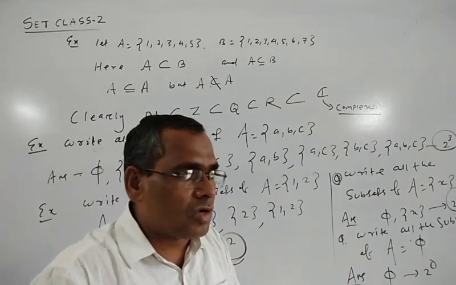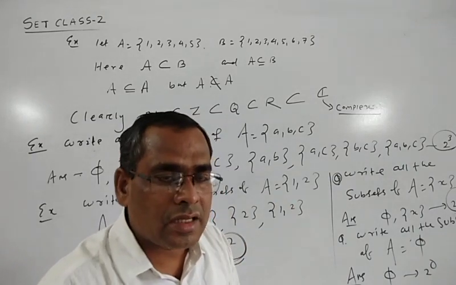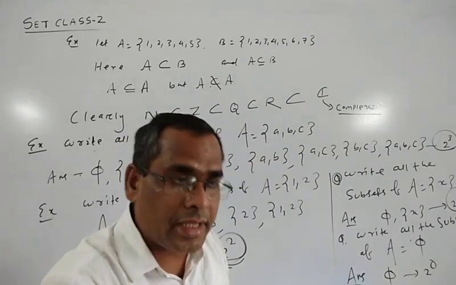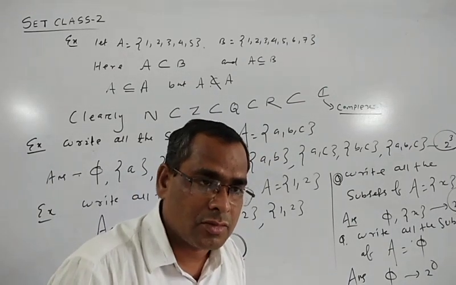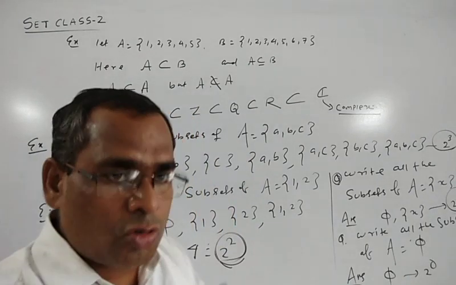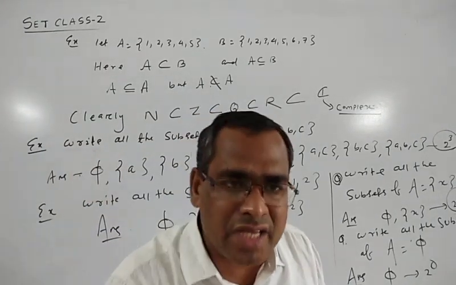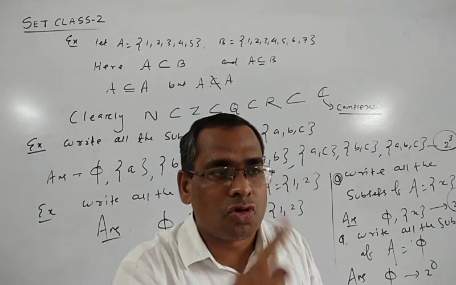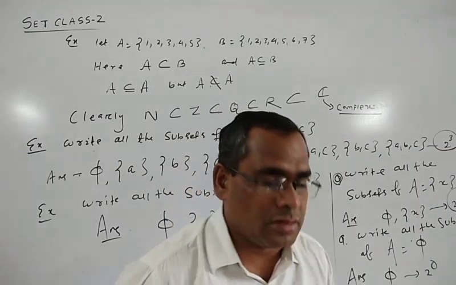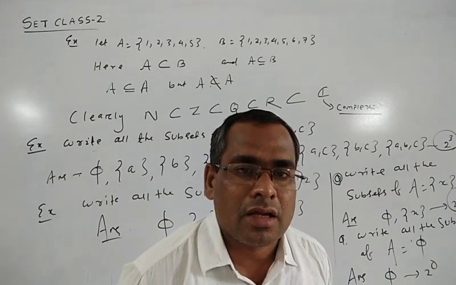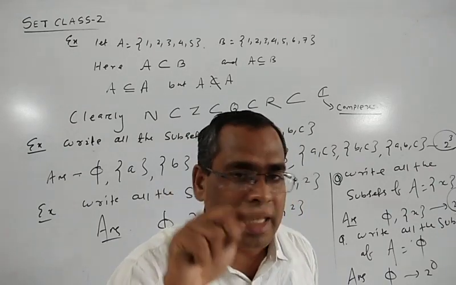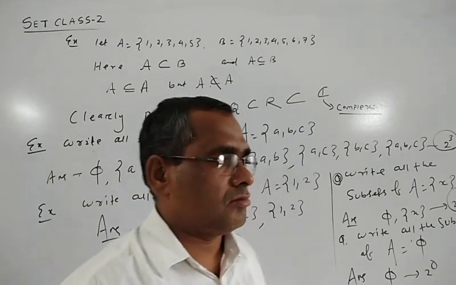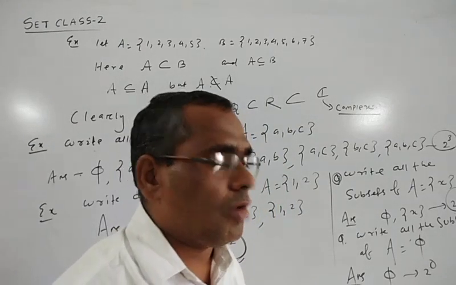If a set contains 5 elements, then the number of subsets will be 2 to the power 5. So we conclude that the number of subsets of a set containing n elements is equal to 2 to the power n. Remember this one. This is the formula for the number of subsets.